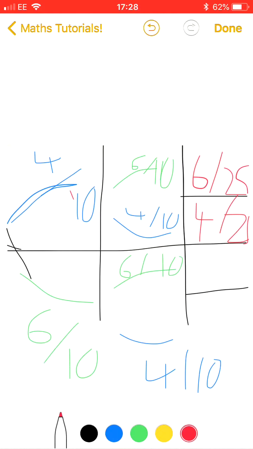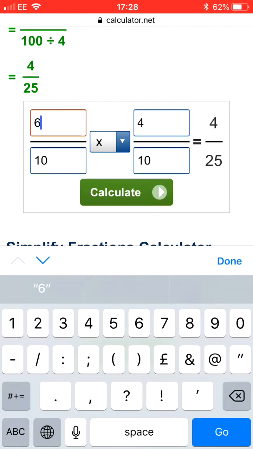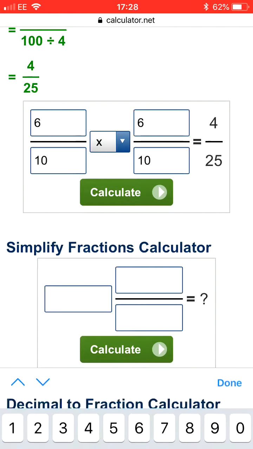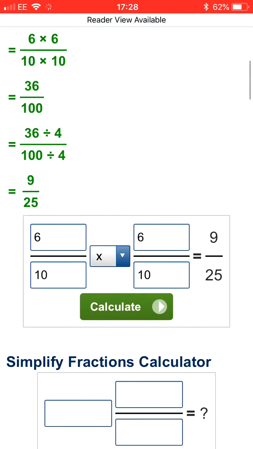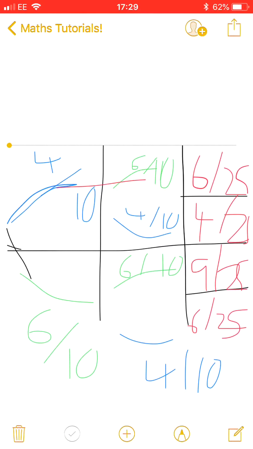You don't connect up these two. Next, we've got to do 6 tenths times 6 tenths, which gives 9 out of 25. And the final one, all we have to do is just copy that: 6 out of 25. So we have our answers.